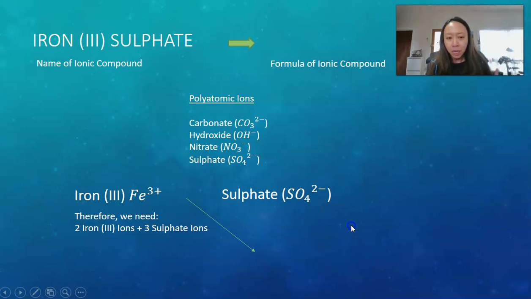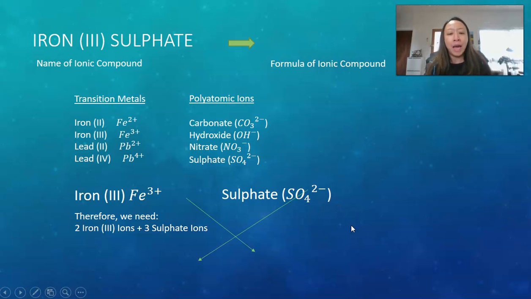Because of this, we are actually using the numbers here for the formula. The 2 from the negative 2 charge of sulfate goes to the iron, and the 3 from the iron goes to the sulfate, if that makes sense.